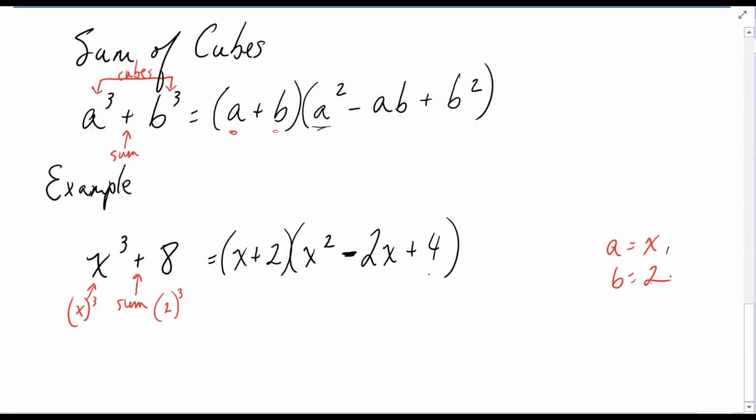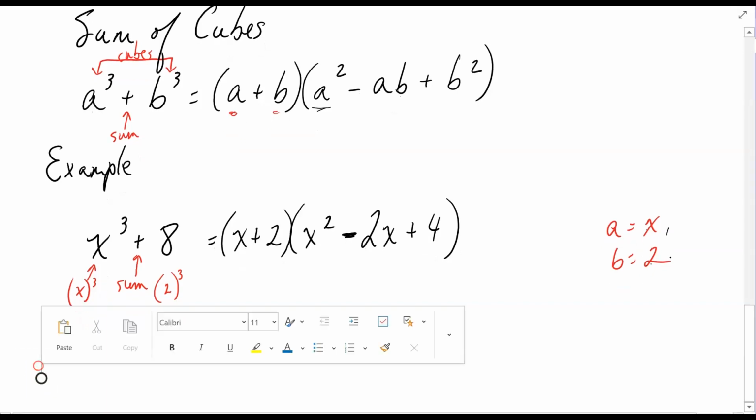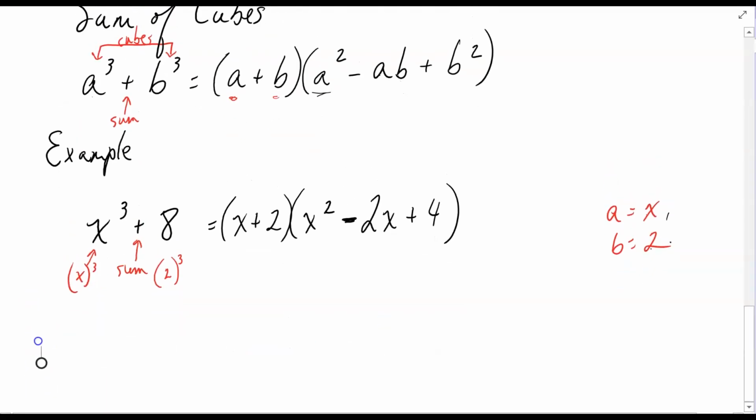Let me give you another one for you to try. I'll keep the sum of cubes formula right there so you can see it. So let's do x cubed plus 125. Pause the video, give it a try.